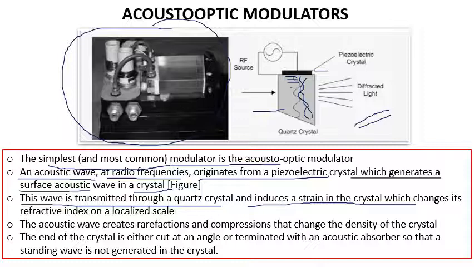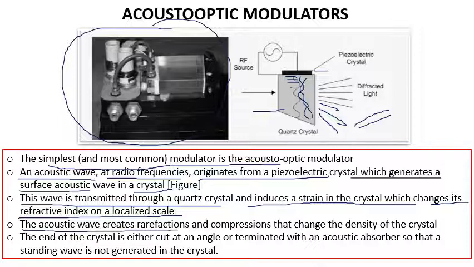You should know about the strain, which changes the refractive index on a localized level. The refractive index is changed, so the diffraction grating forms. When the strains are generated here, the refractive index changes, and that is why the light is diffracted in different directions.